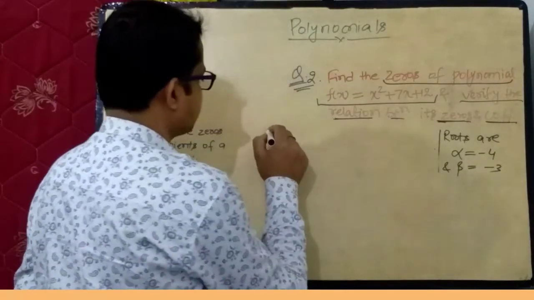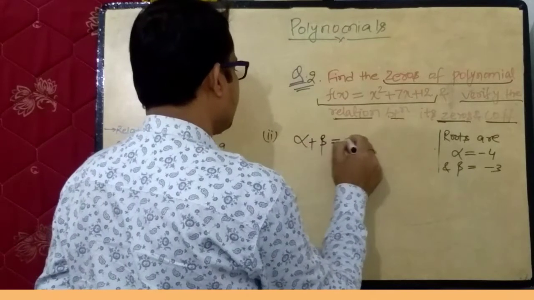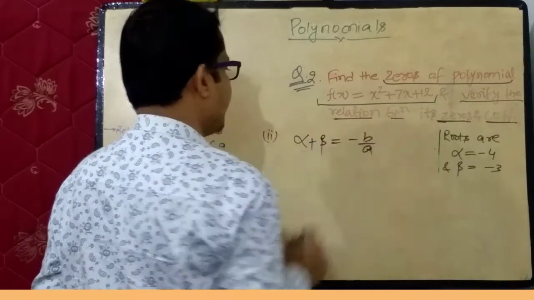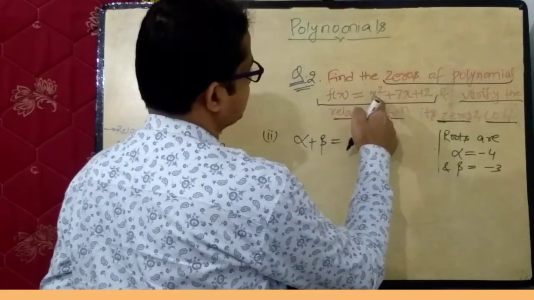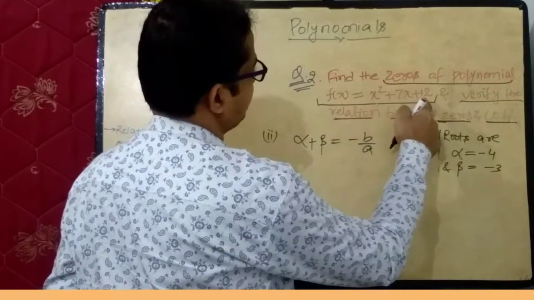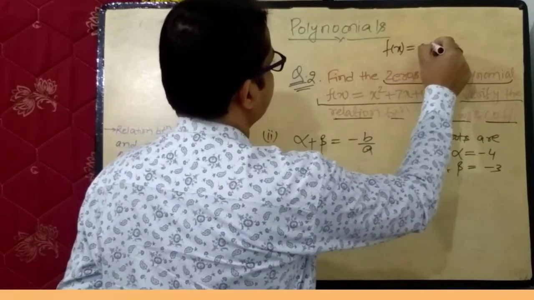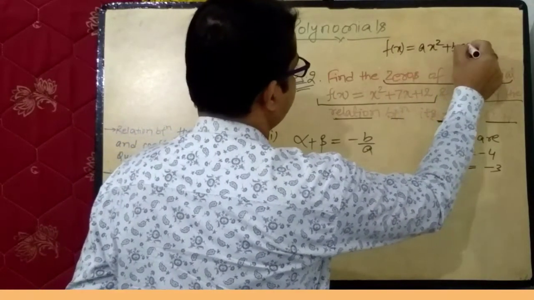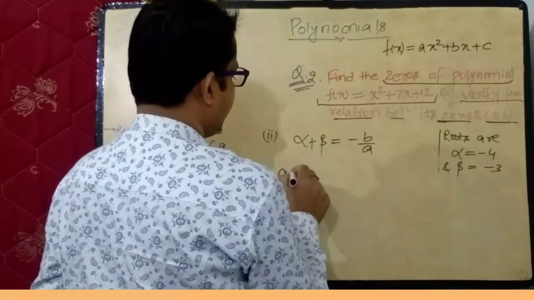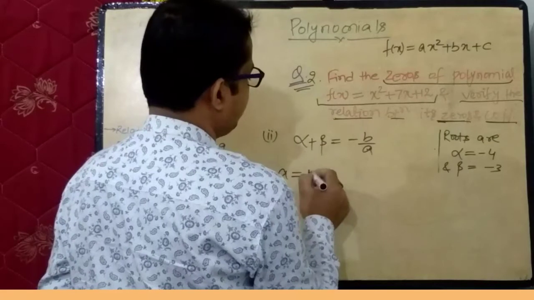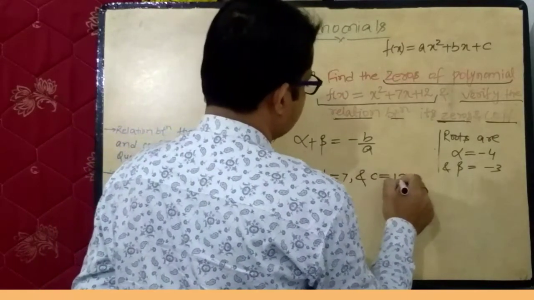Find out the relations, that is alpha plus beta equals minus b upon a. While comparing this f of x equals x square add up 7x add up 12 with the original equation of polynomial ax square add up bx add up c, you can say that a equals 1, b equals 7 and c equals 12.